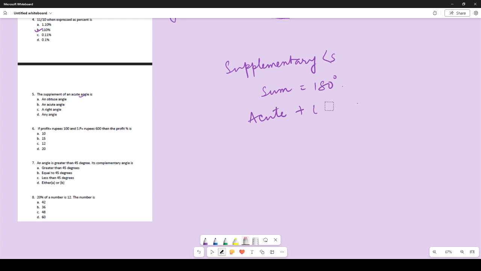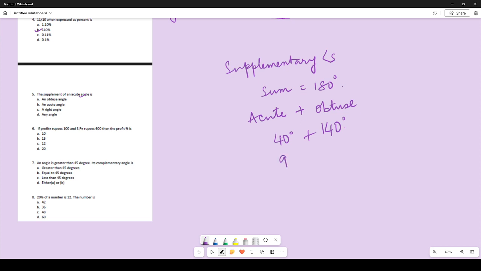I'm out of practice using this whiteboard, but still, acute plus obtuse will always give you a supplementary angle. Let us say that we have an acute angle which is 40 degrees. To make it into a supplementary pair, we need to add 140 degrees to that. Then only they will be supplementary angles.